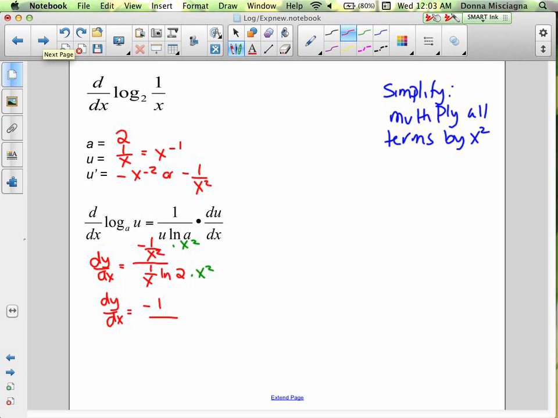In the denominator, one of the x's will cancel, and we'll have x natural log of 2. And that's going to be our final answer. So there it is, all nicely simplified. All right, let's try the next one.